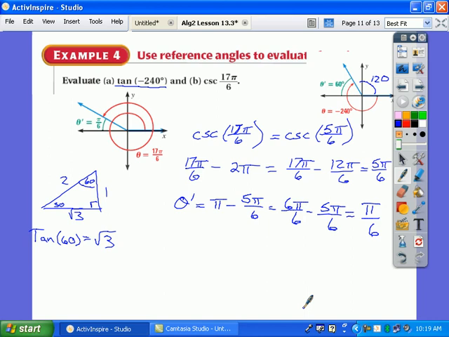And now I come back to my 30, 60, 90 triangle. That's why I left it. I want to find cosecant of 30 degrees.